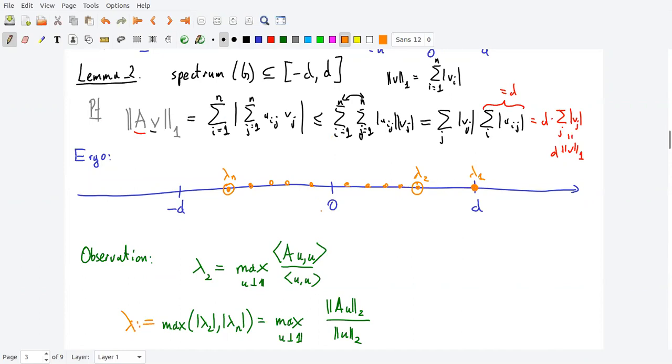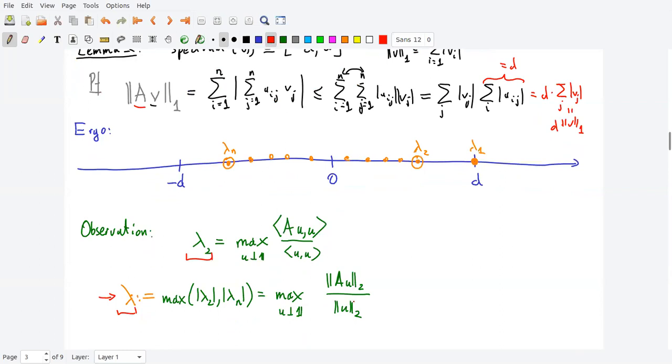eigenvalues can attain? And these two quantities can also be understood in algebraic terms, using A understood as an operator. I think that this inequality can be easier to understand. So I claim that the maximum absolute value of this one and this one is equal to the following quantity. I take all the vectors that are orthogonal to 1.